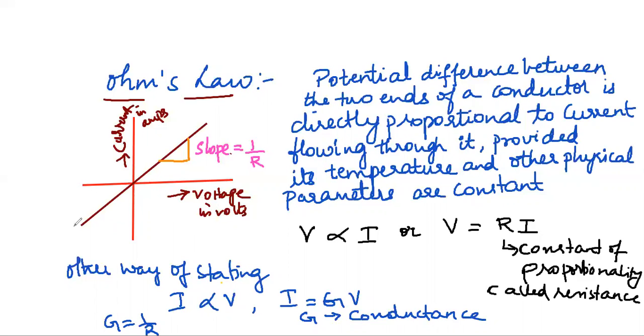So, according to Ohm's law, the equation is represented as a straight line. This graph indicates that Ohm's law can be applied only for linear devices as its characteristic is linear. The slope of the characteristics is 1 by R, or conductance.